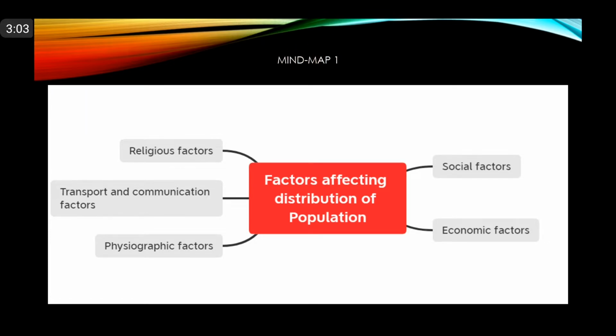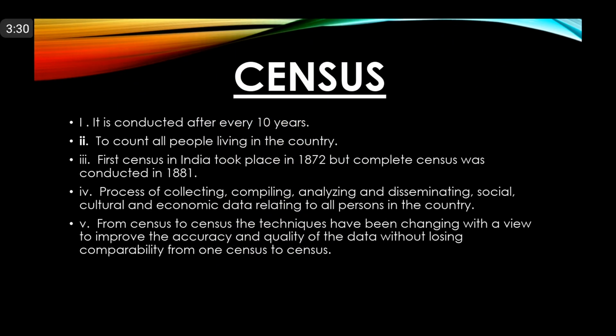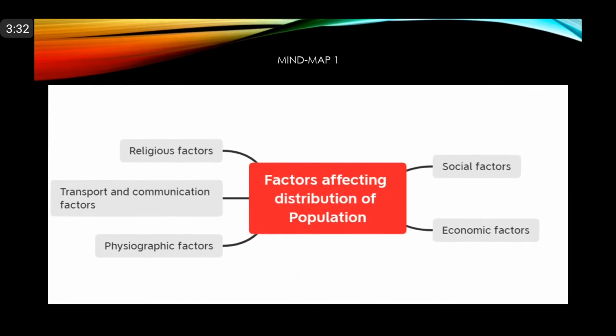And there are factors like religious factors, transport and communication factors, physiographic or physical factors, social factors, and economic factors. These factors play a very important role in the distribution of population, and this is your mind map 1.